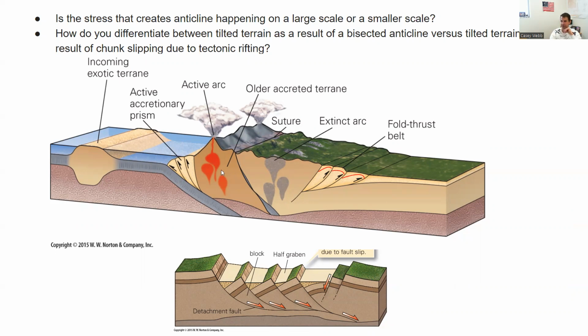So if we look at this diagram, just to help us understand this a little bit better, we have a subducting oceanic plate. As this subducts, we get a bunch of sediment that's basically getting smashed together along the coastline. We have subduction and melting with a volcanic arc. So this would be occurring in California 100 million years ago. And then we see a bunch of topography. We have a bunch of mountains forming.